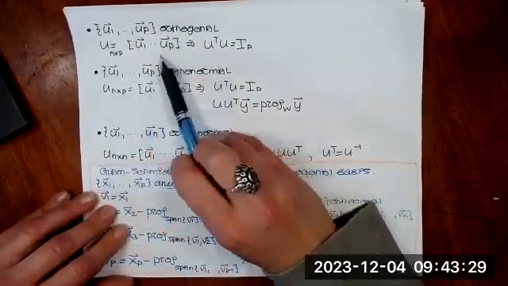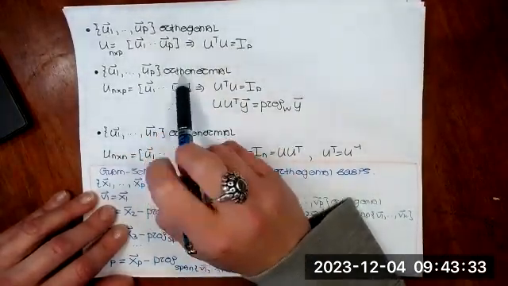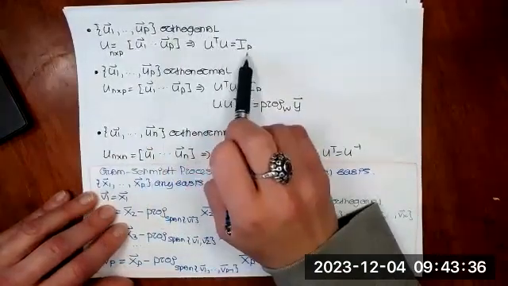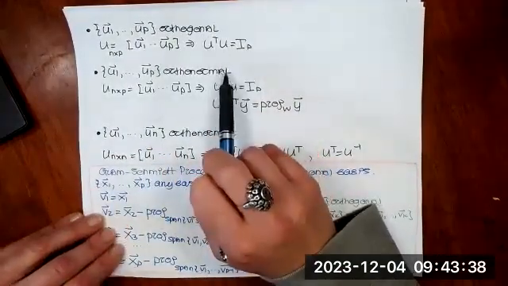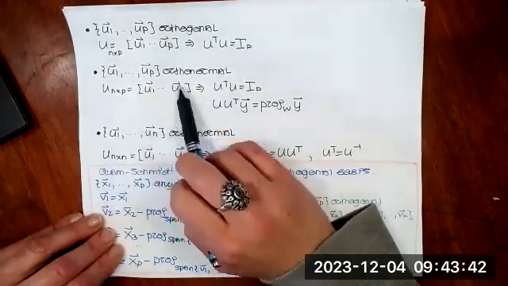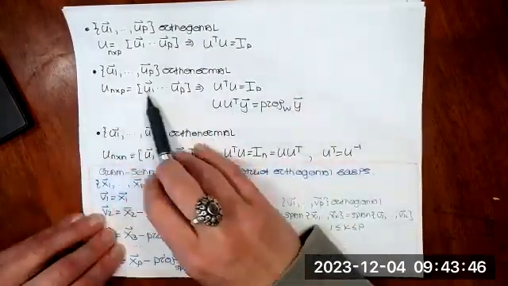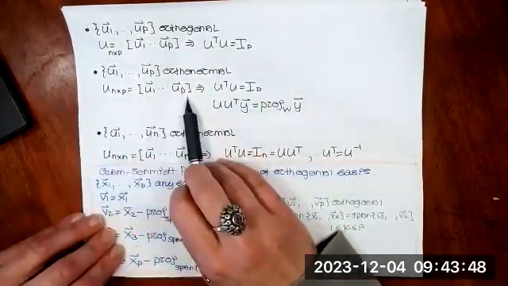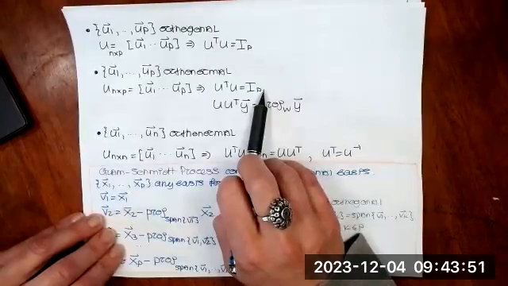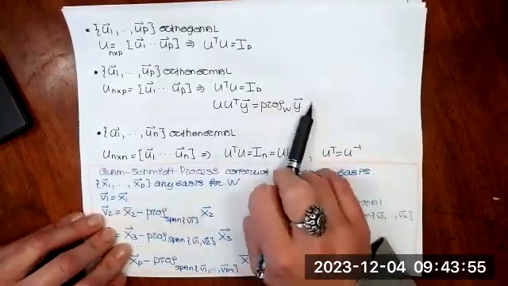We showed in the theorem that if my columns are orthogonal, then U transpose times U is going to be an identity matrix. If they're orthonormal, I can actually rewrite my formula for the projection.